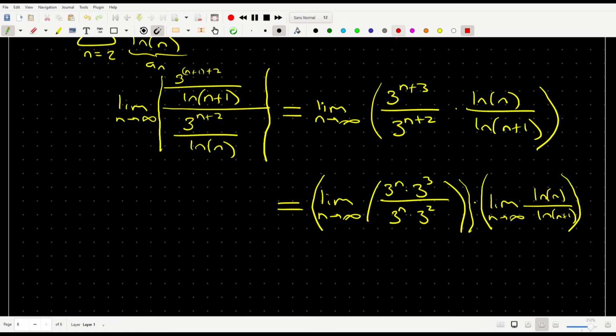And after one application of L'Hopital's rule, actually two applications, you see that this limit goes to 1.